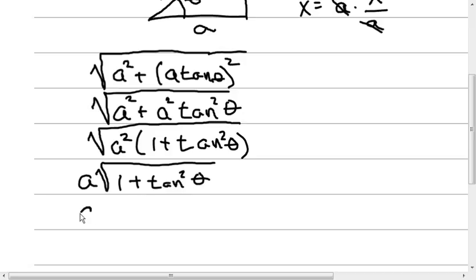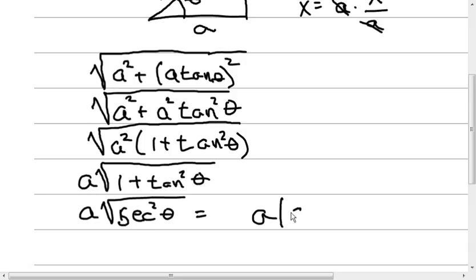So now we get a square root of secant squared theta, and obviously that's equal to a times the absolute value of secant theta. And you notice that in that last step we were able to get rid of the square root sign.